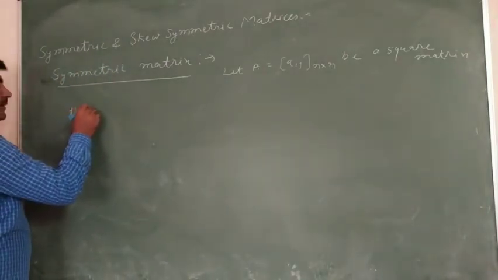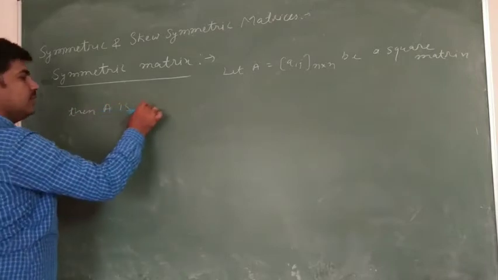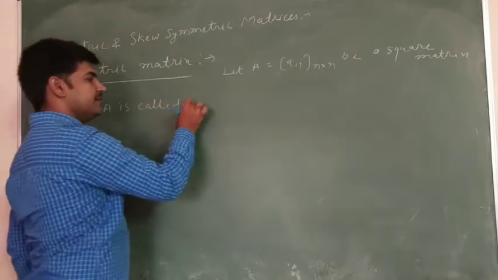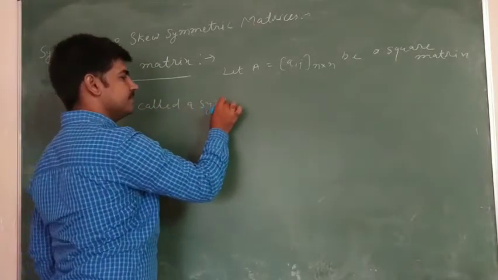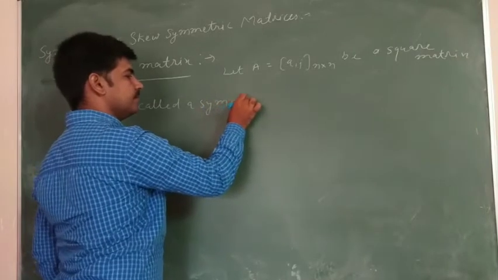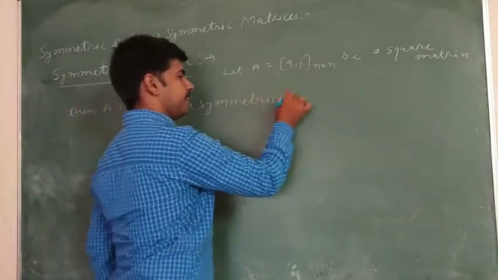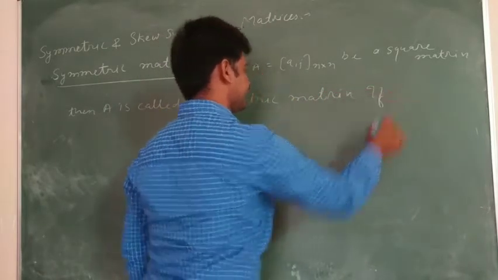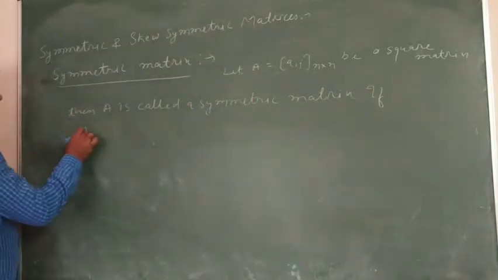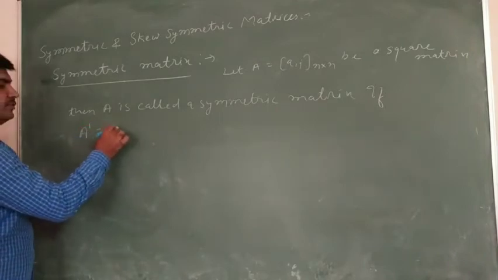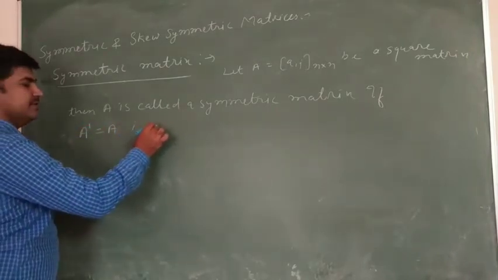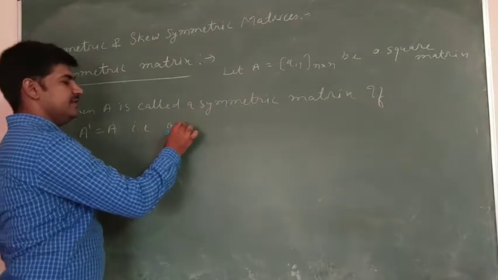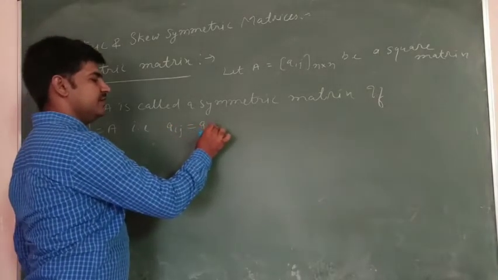Then A is called a symmetric matrix if A dash is equal to A, that is, Aij is equal to Aji.